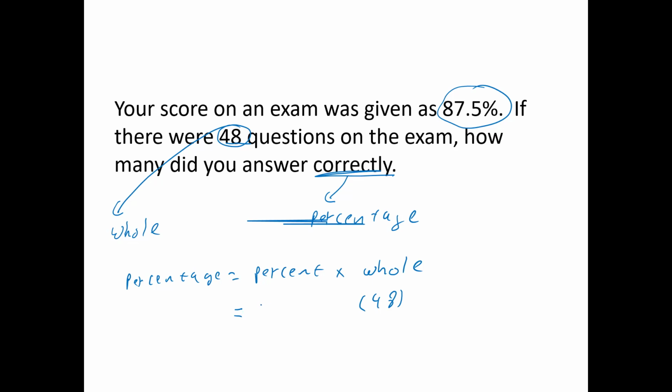But notice what happens if we do 87.5 times 48, right? So when we do 87.5 times 48, we get 4,200. So on a test with 48 questions, you answered 4,200 questions correctly. That makes absolutely no sense. What went wrong?